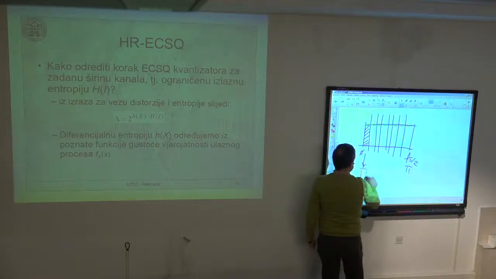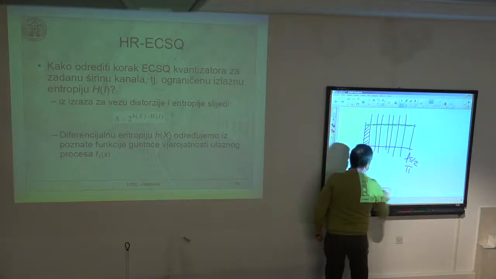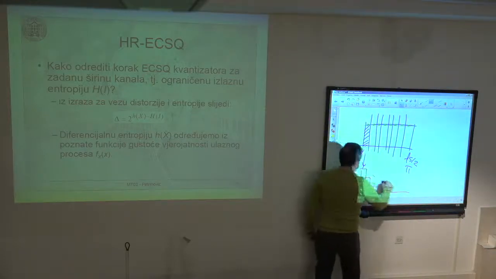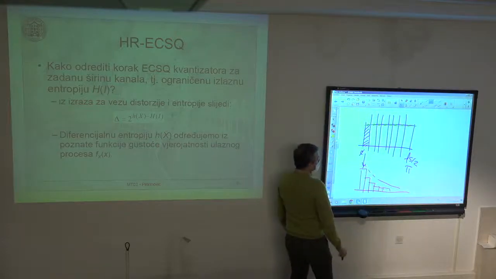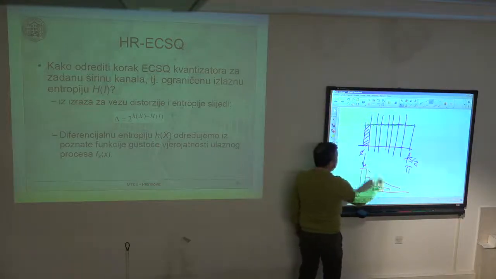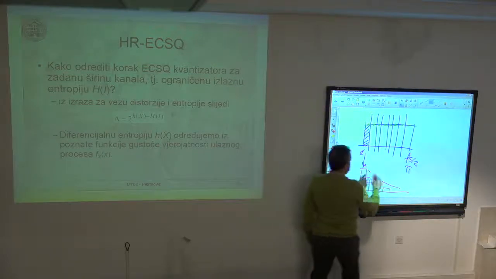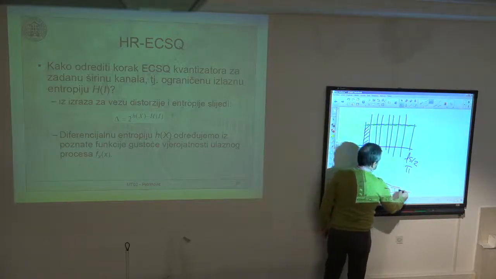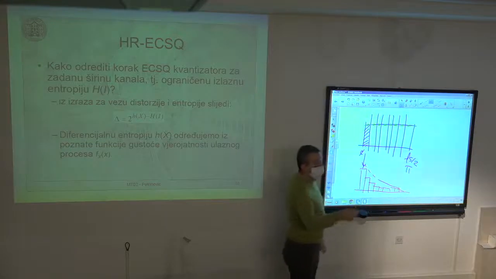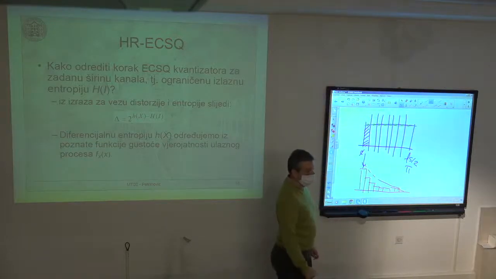For example, if the first variance is the largest, the second one is smaller, and so on. Okay? So if you have some kind of decaying variances, then the arithmetic mean of variances would always be much larger than the geometric mean of variances. And this ratio defines the transformation domain coding gain in decibels. Okay?